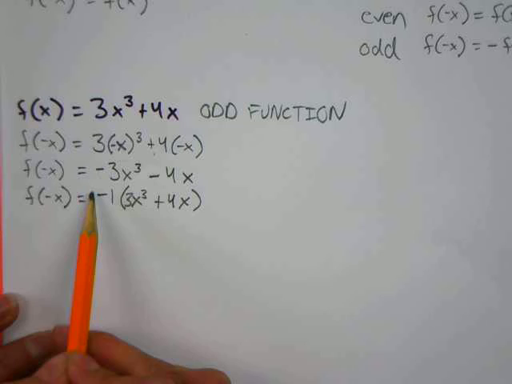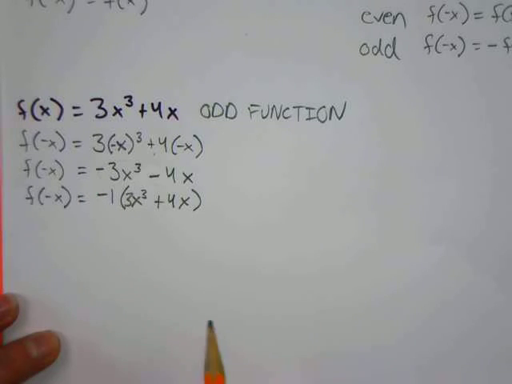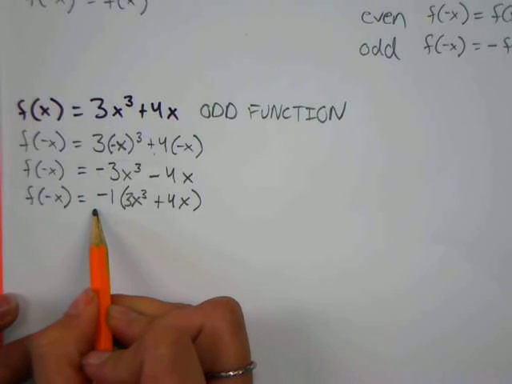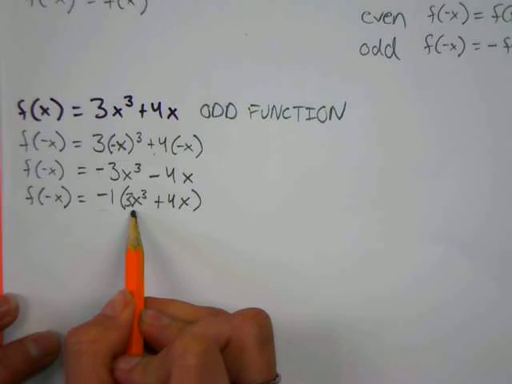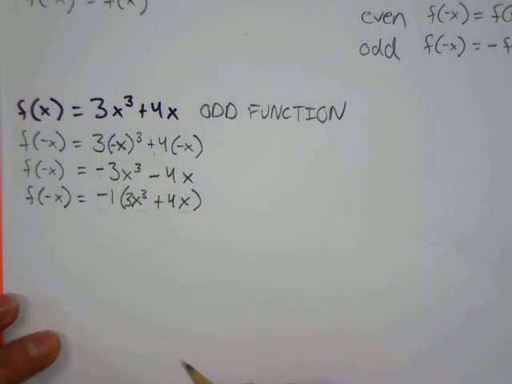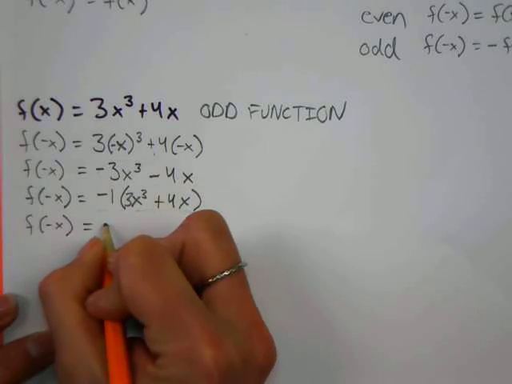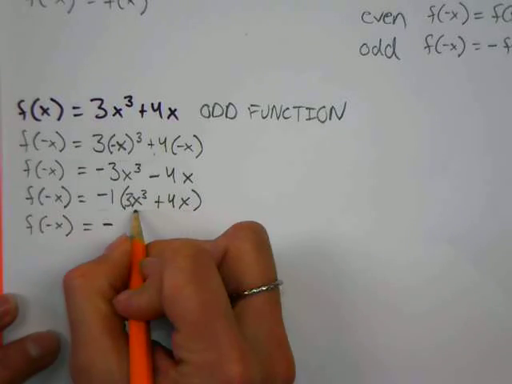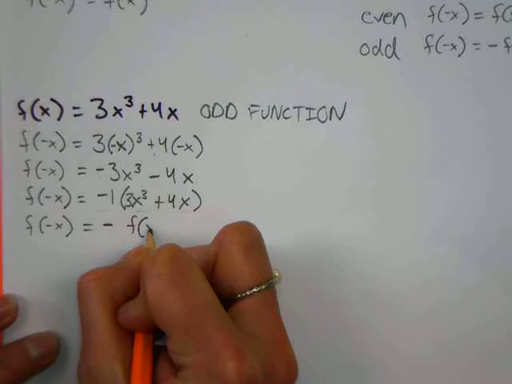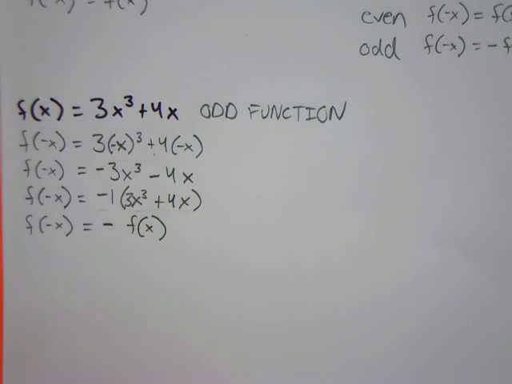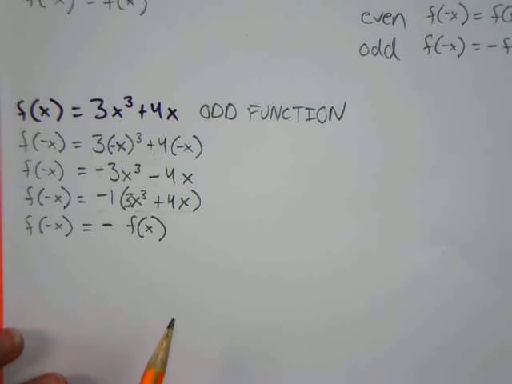That's the same thing, I just factored out a -1. So I've shown here that f of -x is equal to -1 times my original function f of x. And there we go, we've confirmed algebraically that this is in fact an odd function.